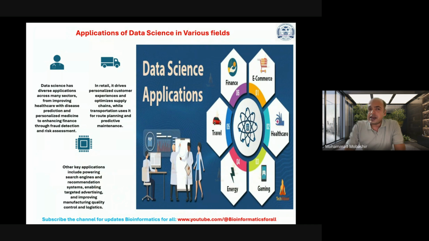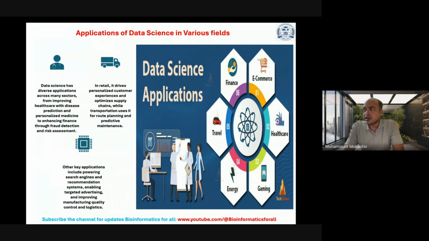In retail, it drives personalized customer experiences and optimizes supply chains, while transportation uses it for routing, planning, and predictive maintenance. Other key applications include powering search engines and recommendation systems, enabling targeted advertising, and improving manufacturing quality control and logistics. So here, this figure is representing the different sectors of data science major application.